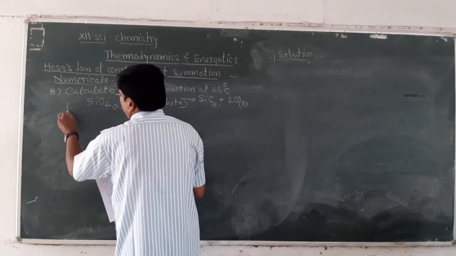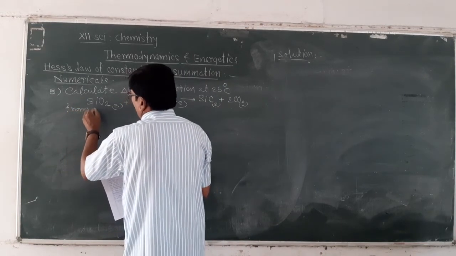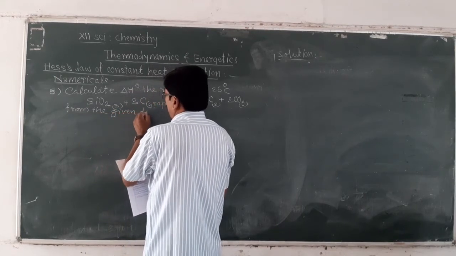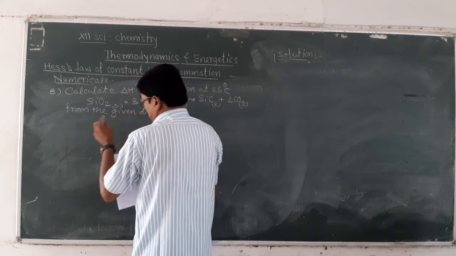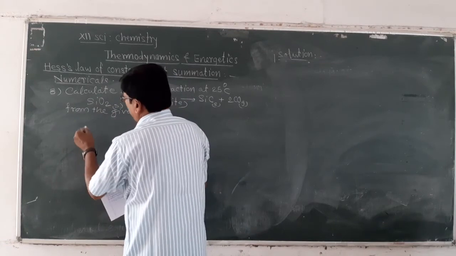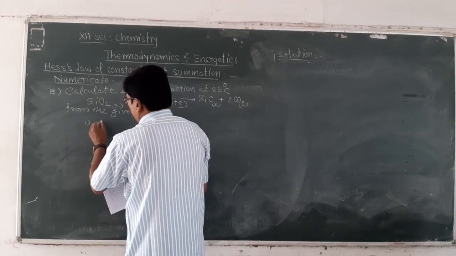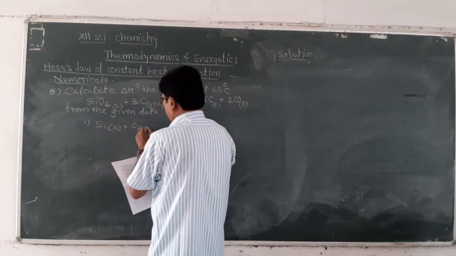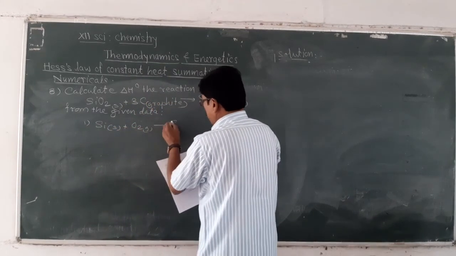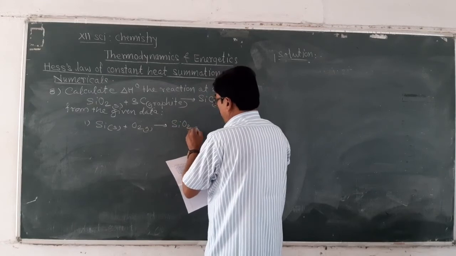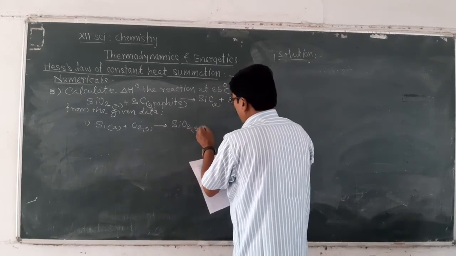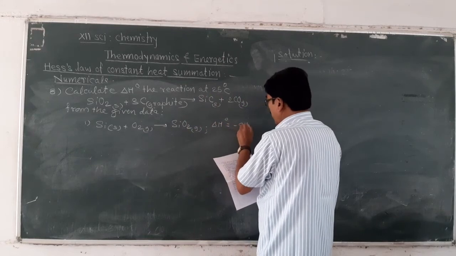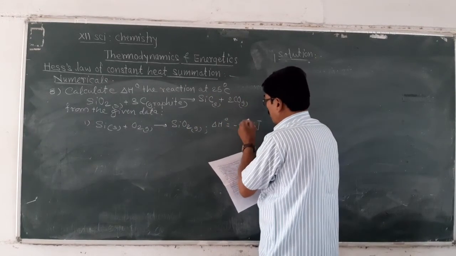Here three equations are given. First, Si solid plus O2 gas gives SiO2 solid. Enthalpy of this reaction, delta H1, is minus 911 kilojoules.